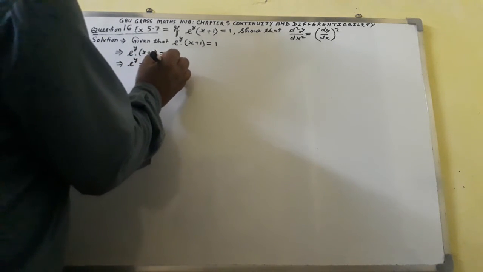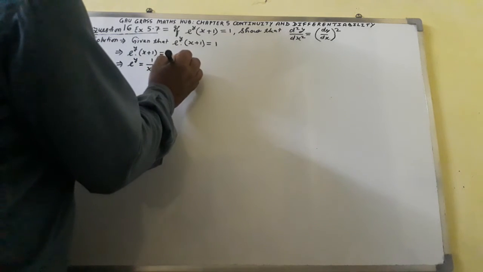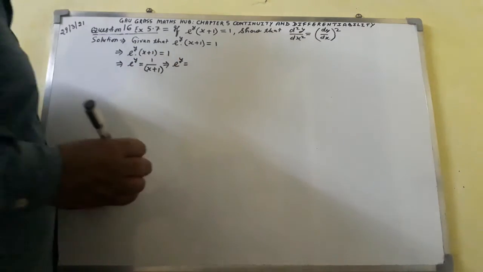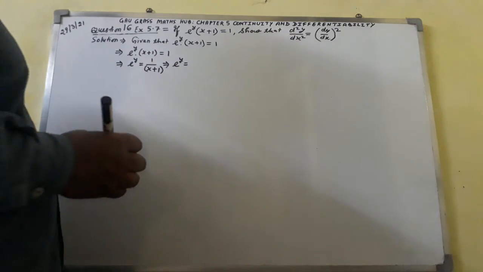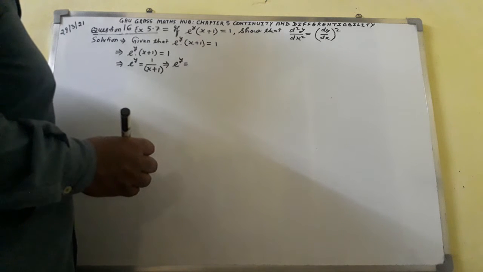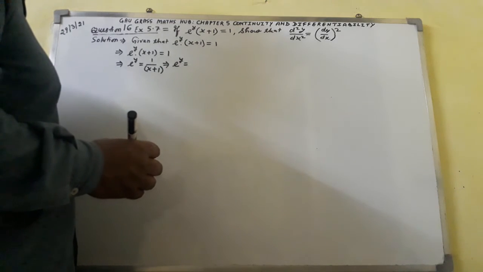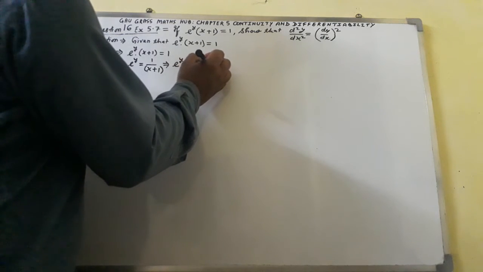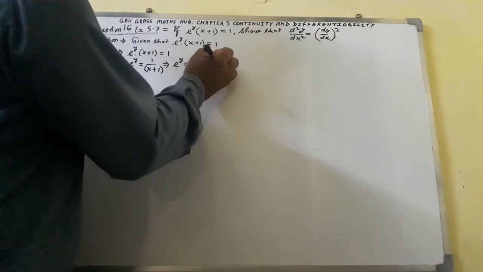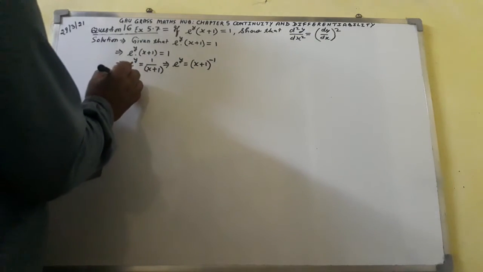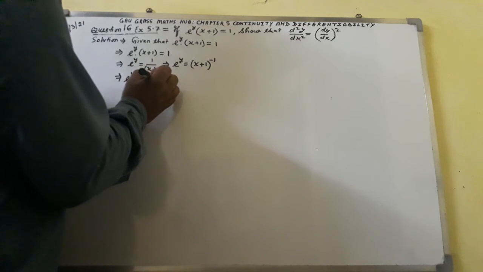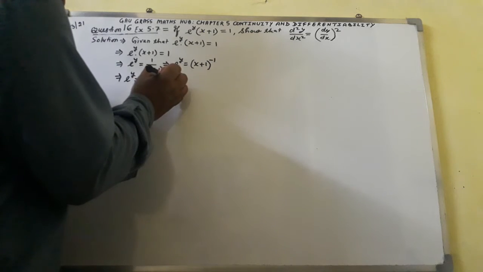Implies that e raised to the power y equals, here x plus 1 is in the denominator, that will be thrown back into the numerator. So it will become x plus 1 raised to the power minus 1. Implies that e raised to the power y equals x plus 1 raised to the power minus 1.